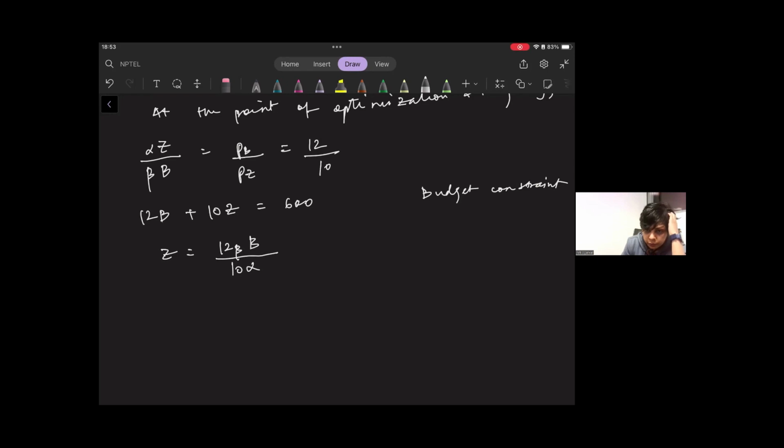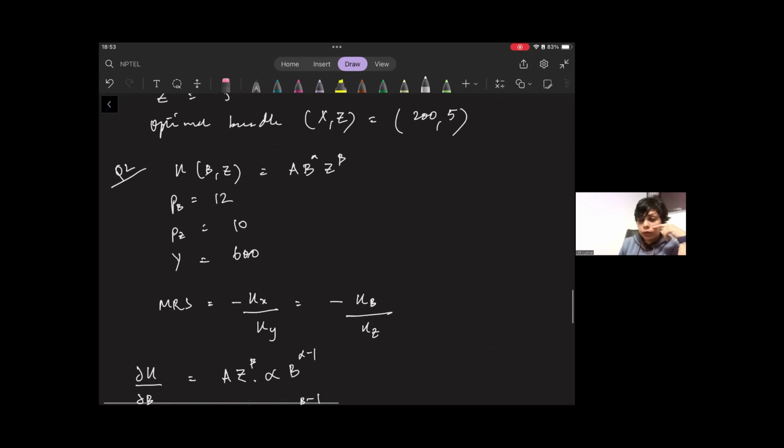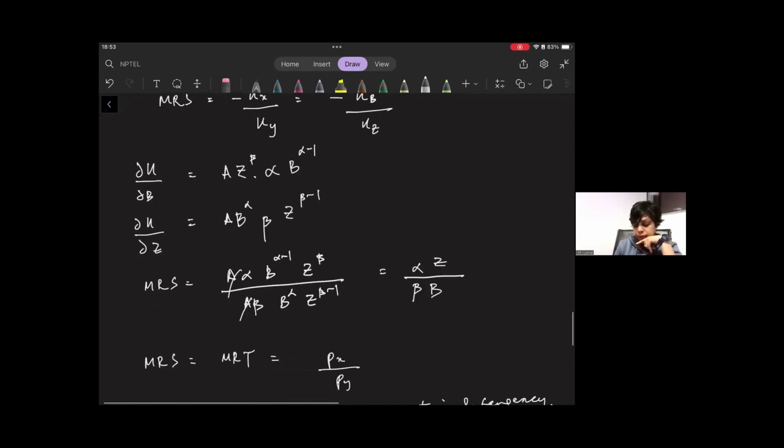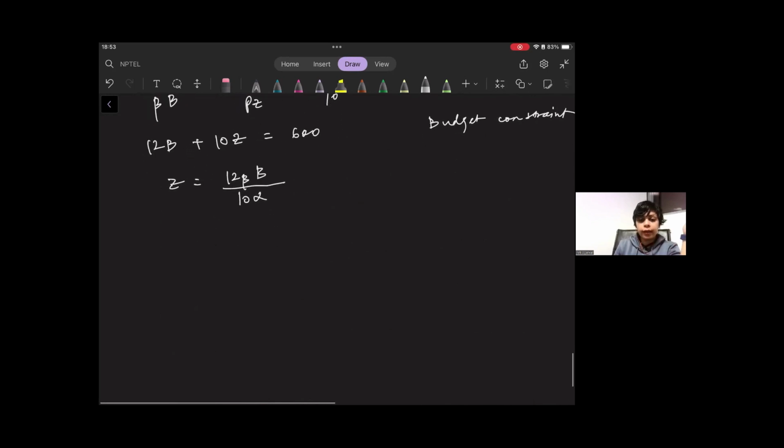If you want, you can plug back the value of Z into this budget constraint equation and solve for Z, or you can put this value of Z into the first equation, the utility equation, and optimize it with respect to B, take du by dB, equate it to 0, get some value of B, and you can use that. So I'm not solving it because it is too cumbersome. If you want, I can, but I just wanted to leave this as an exercise.